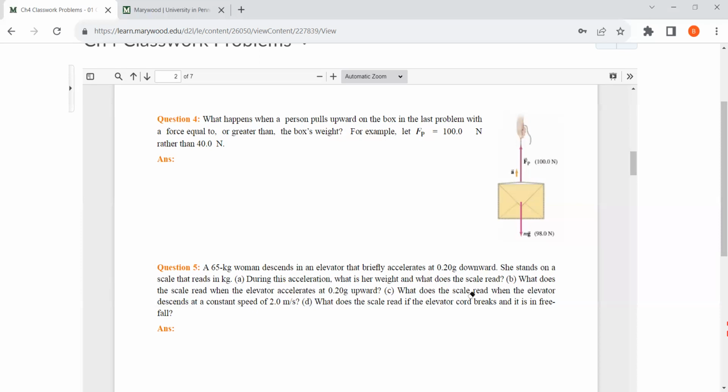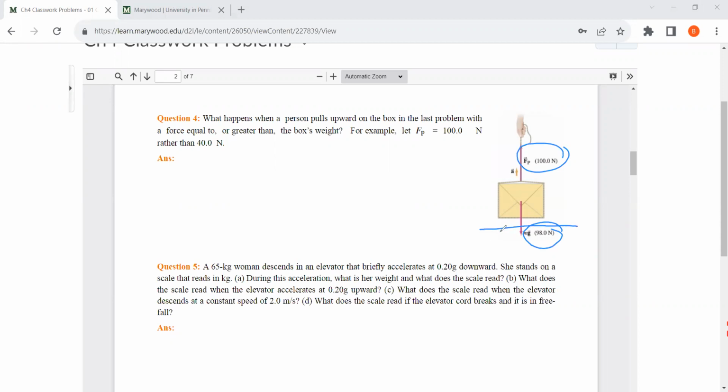So the answer is, yes, it will be moving upward. That means the net force is not equal to 0. The downward force is 98 Newton, the gravitational force. The upward force is 100 Newton, and now the box is no longer on the table.